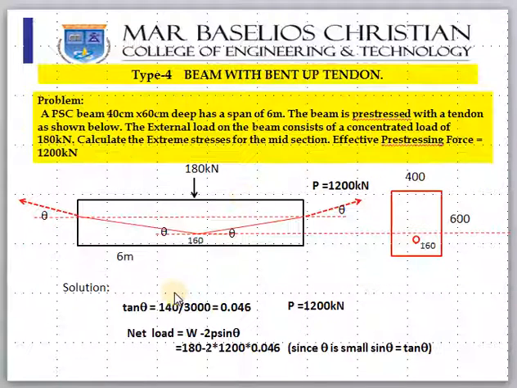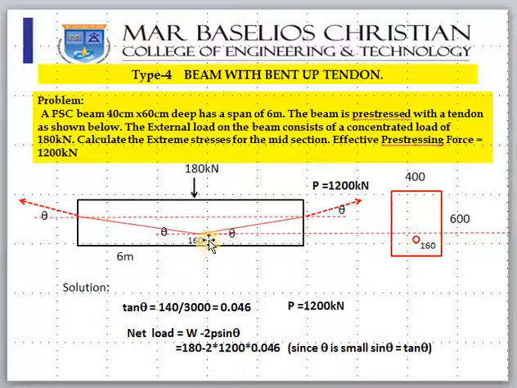Same is the case here. So let us find out the sin theta first. Instead of that, let us find out tan theta, then you can find out theta. Tan theta is the opposite side divided by the adjacent side. Adjacent side is 3000 because the total span is 6000.